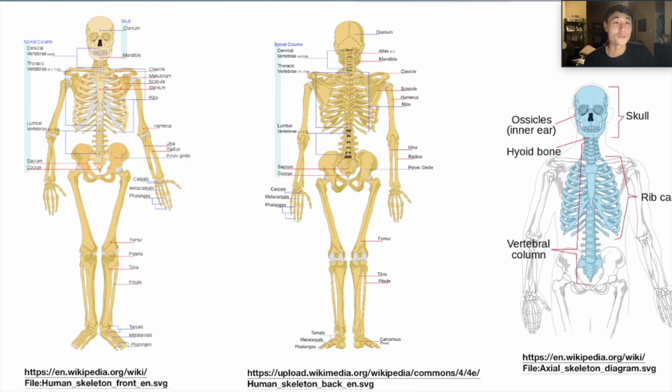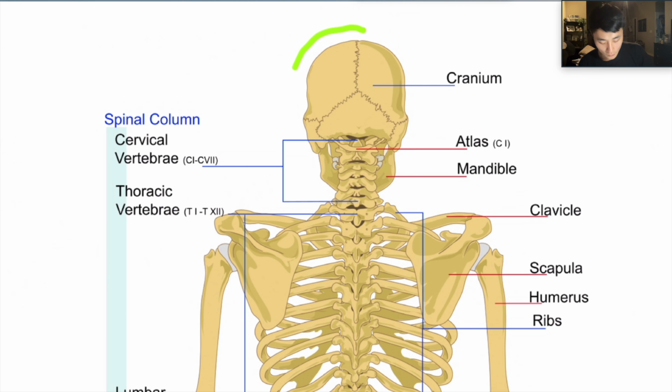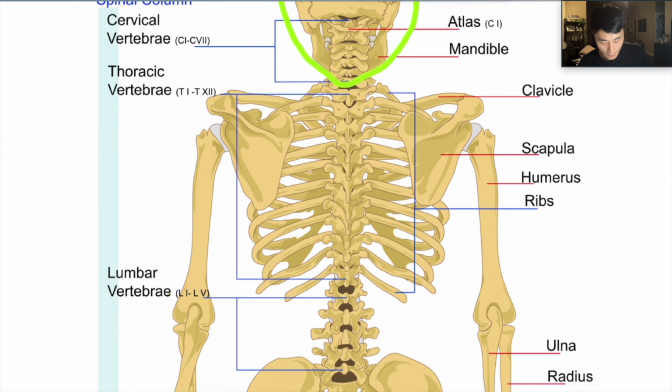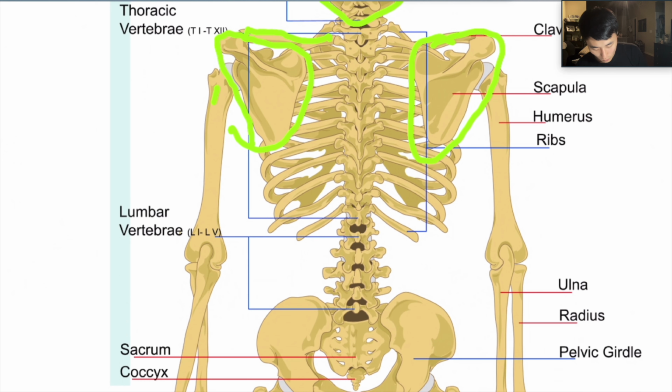So let's look at the posterior view this time, since we just looked at the anterior view. If you look at the posterior view, this is a skull again. And this time, the scapula is very defined right here. And then the clavicle, you can barely see it. And then the humerus coming down.